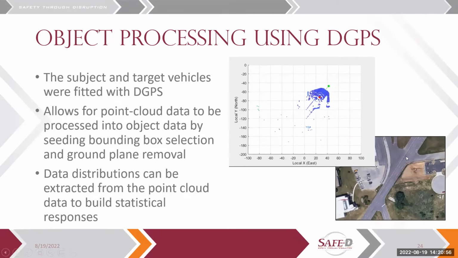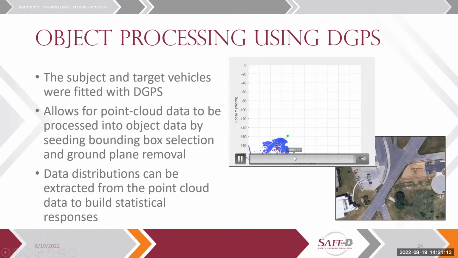So here you can see we're driving down the smart road on the surface street. You can see the fence line features and this building edge, and then this shadow being cast by the target vehicle in front of the subject vehicle.